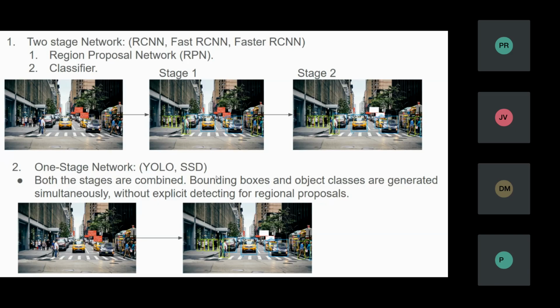As compared to the two-stage network, where we work through the process in two stages, proposing the region of the object in the image and classification of those objects are done in one single stage. As you can see in the image down below, they are directly detected as well as classified.